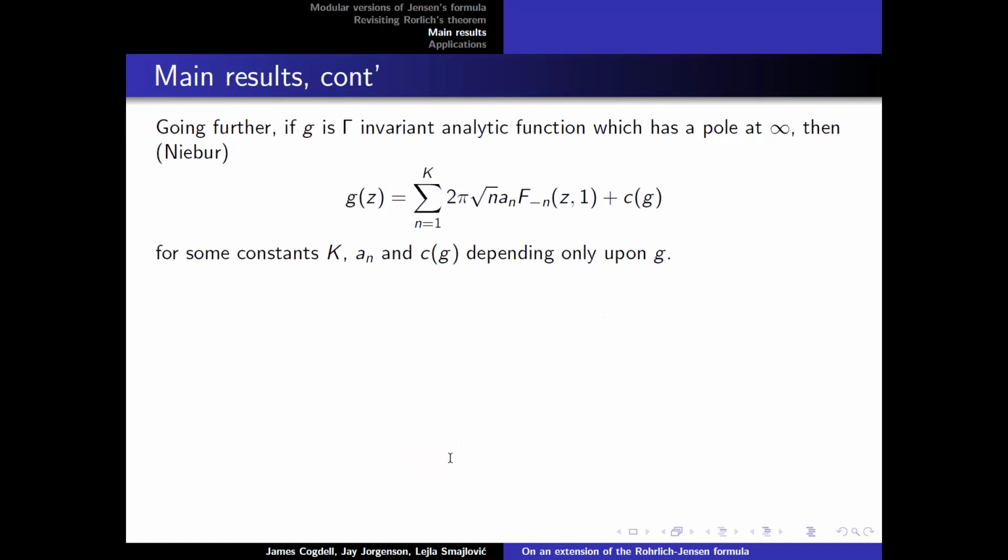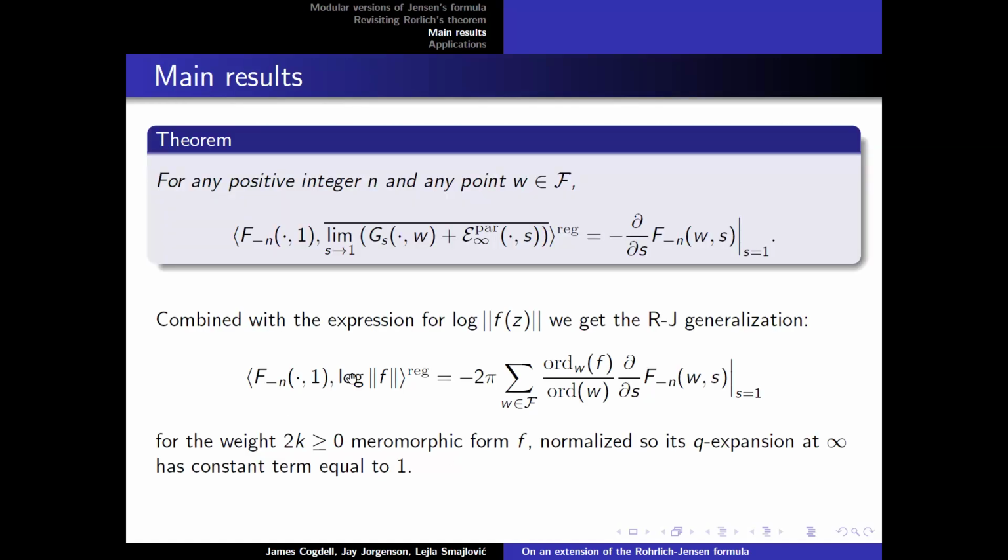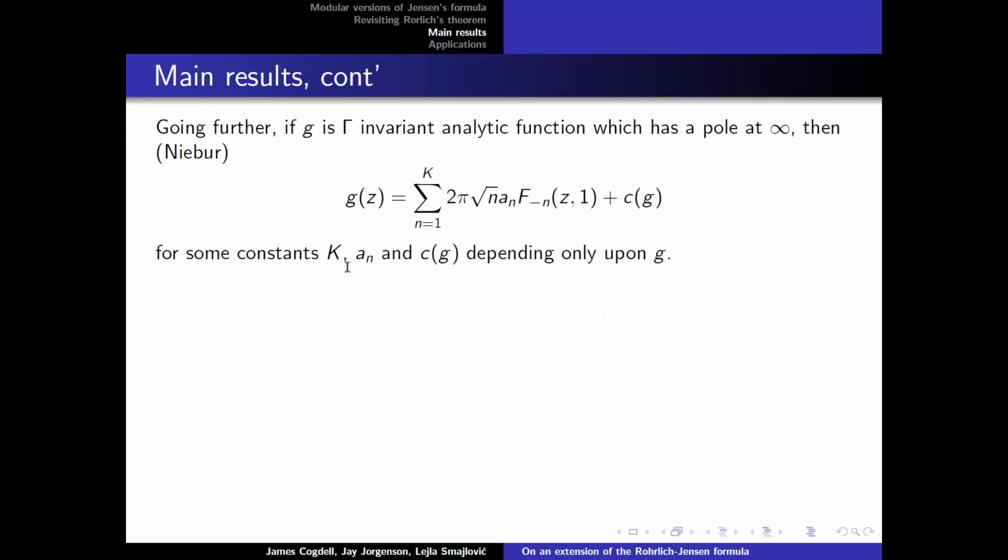Of course, one can generalize further because it is a well-known result of Niebuhr that any function g, which is gamma invariant and analytic, and has a pole at infinity, we can express as a linear combination of Niebuhr-Poincaré series, where this a_n is a constant depending on the function j, and c of g is also depending upon g.